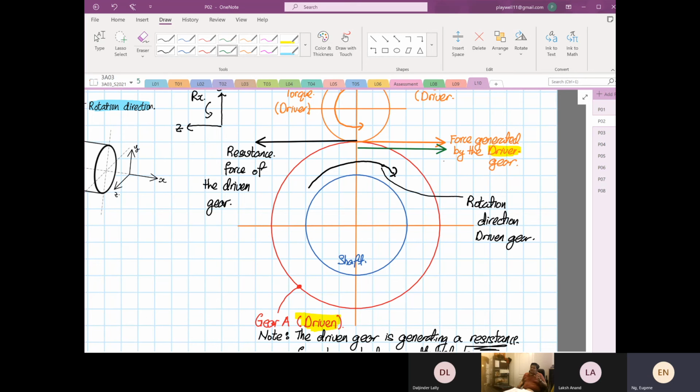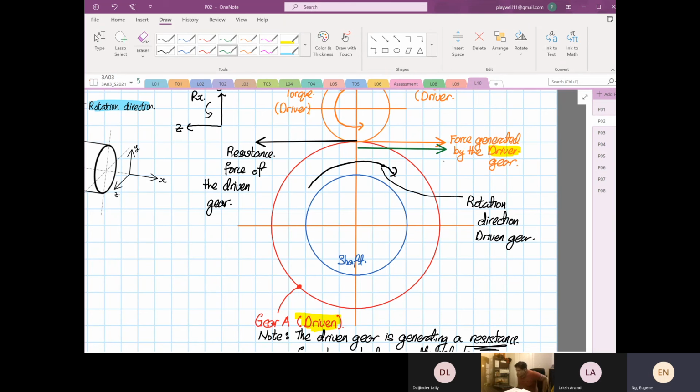Why? Because if the force is wrong, your moment will be wrong. That's where the trouble comes. Your moment direction will be wrong, so sometimes when it's positive, it goes negative. Now, the complication of shaft design is this.